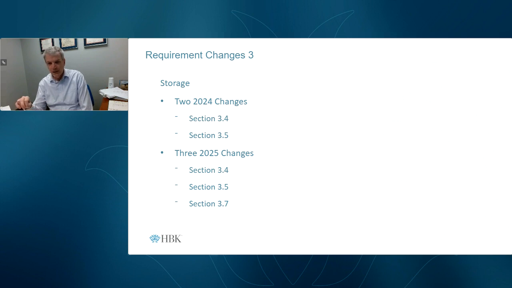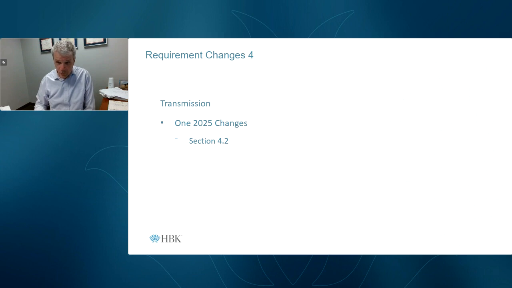And then section 3.7 again deals with cryptography and encryption, and the fact that you have to have different encryption keys based on if you're in production or non-production. So it doesn't use the same. Basically, somebody can't accidentally get access to your non-production environment and then get an encryption key that they could use to decrypt sensitive credit card holder data in your production environment. So just some specifics there.